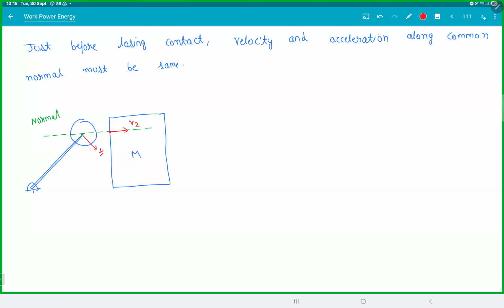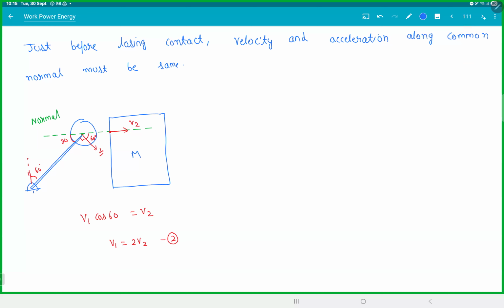This point here is going with V1. This is 90 degrees. This was 60, so this was 30 and this was 60. So the velocity component V1 cos 60 must be equal to V2. This is the relation between them. So V1 is to V2, the second equation.